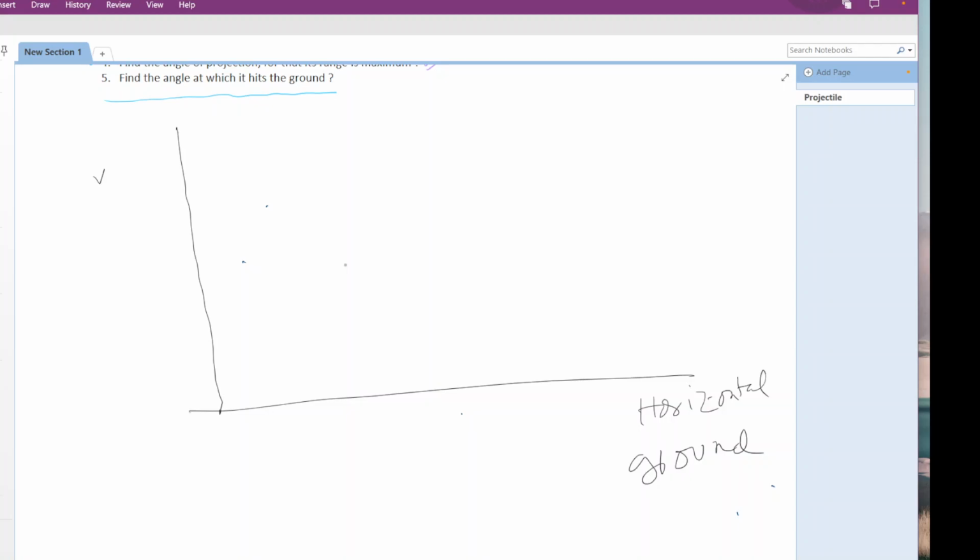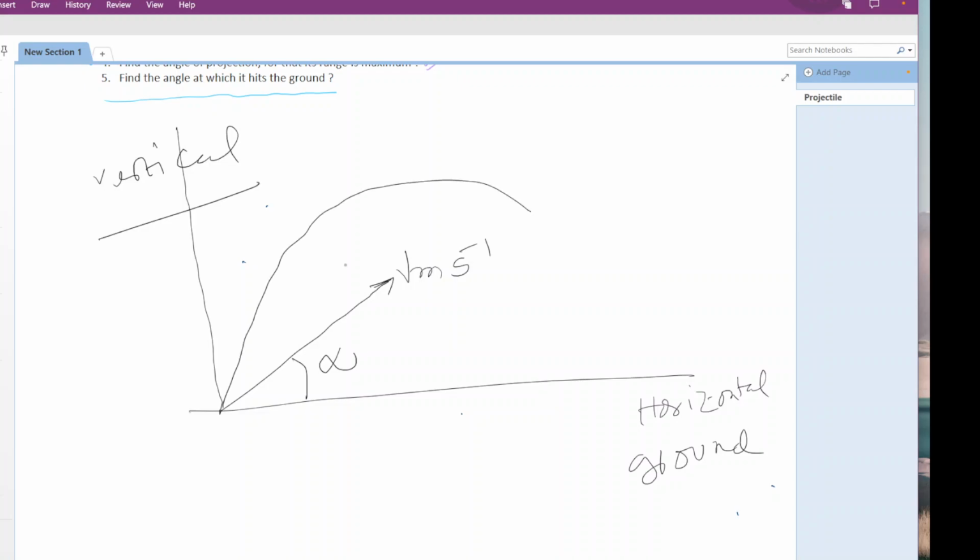This is the vertical axis, and the stone is thrown with v meter per second at angle alpha to the horizontal, and its trajectory would be like this. Trajectory.